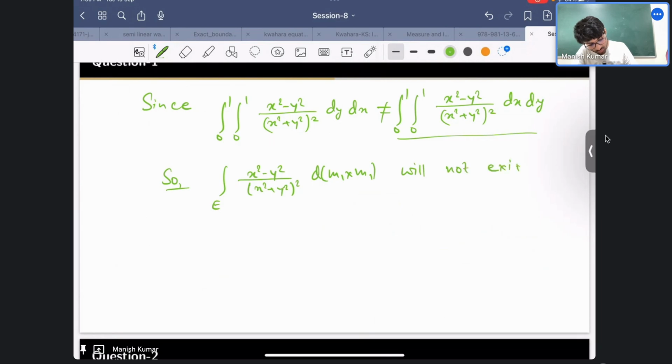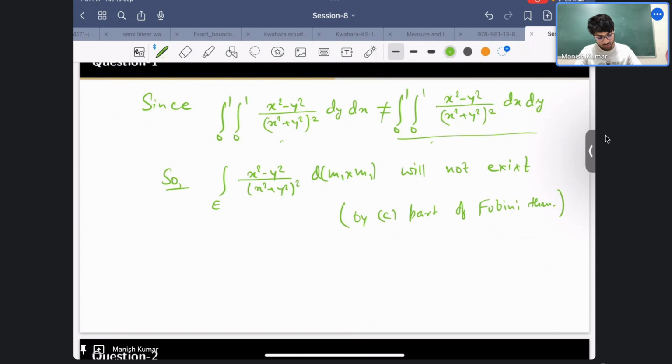Because if it exists, then by Tonelli's theorem you know that this and this should be equal. So all three should be equal. So this is by the C part of Fubini's theorem. So it's a contrapositive statement: if this exists, then you would have got that these two are equal.